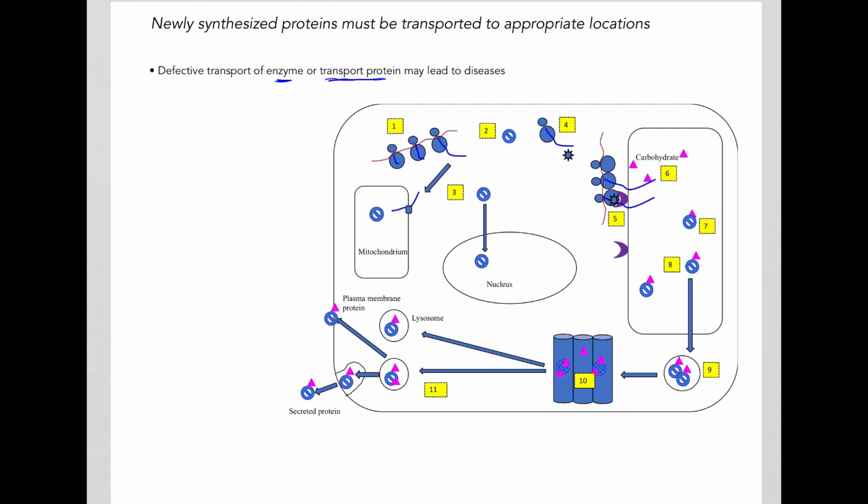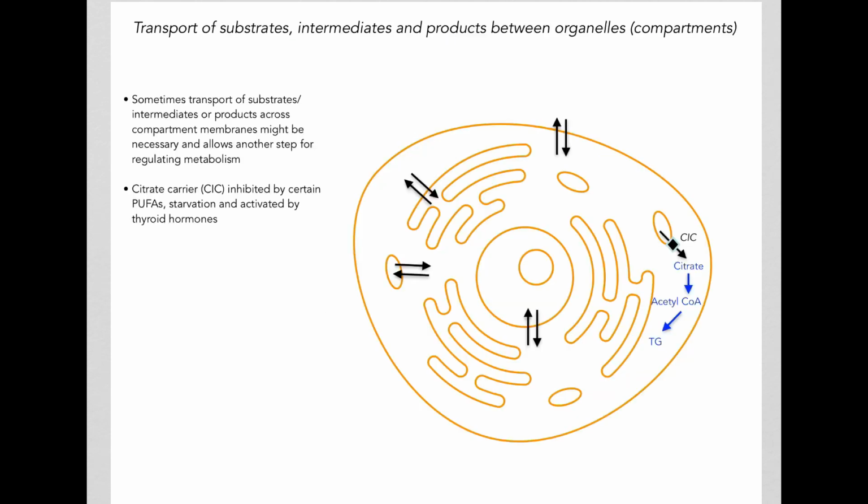So for example, these enzymes of the Krebs cycle, the TCA cycle, although they are made in the cytoplasm, they must be transported to the mitochondria in order for the TCA cycle to function. Any defect in the transport of the enzyme as well as the transport protein that is involved in the metabolic pathway may eventually lead to a disease.